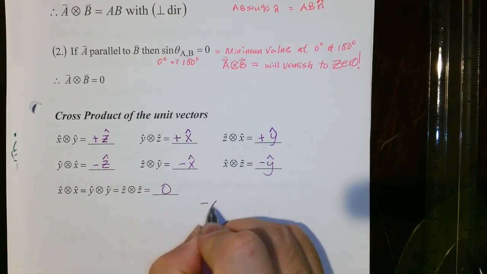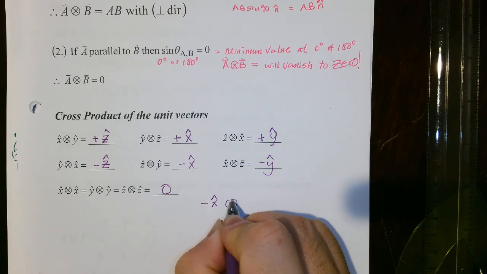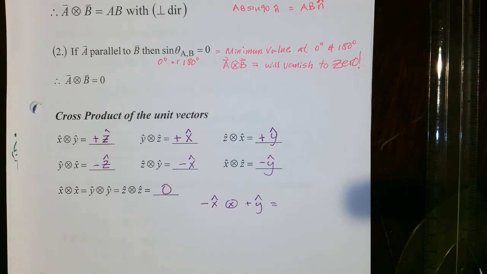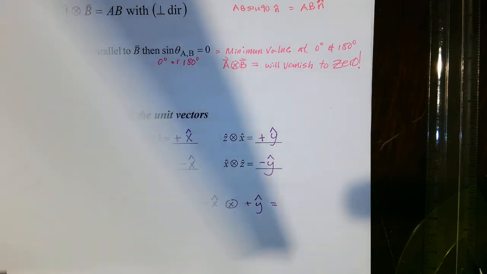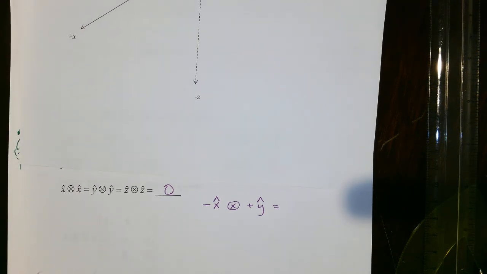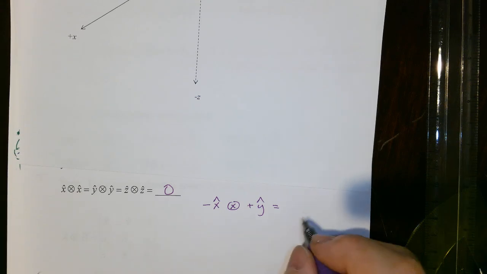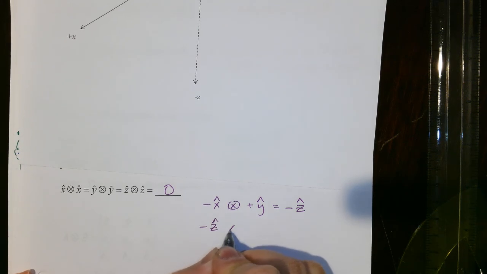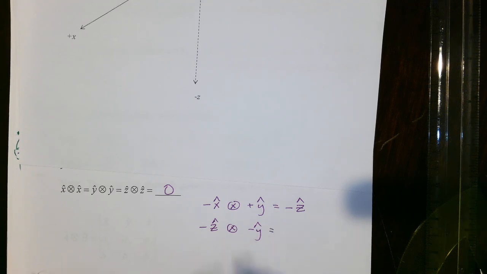Humor me. What's negative x cross positive y? Come on, somebody. Negative x cross positive y. Yeah, that's correct. Negative z hat. What about negative z hat cross negative y hat? Yeah, Ben? Negative x.